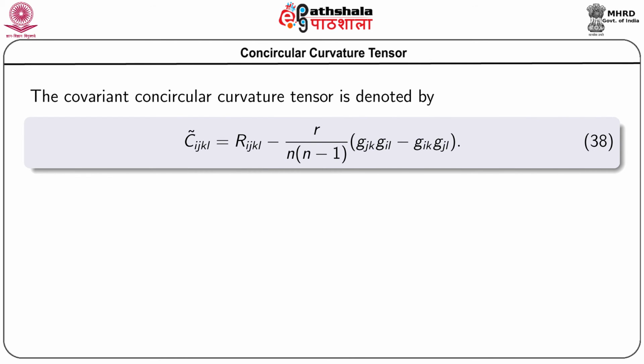The covariant concircular curvature tensor is given by this one: C tilde_ijkl equals R_ijkl minus R by n(n minus 1) times the bracket, g_jk g_il minus g_ik g_jl.